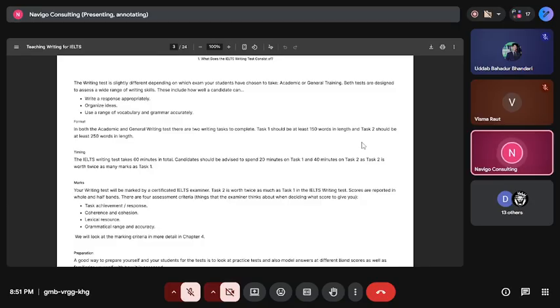So why only 150 to 180 words? Can we not write 200 words, or in the essay, can we not write 350 words? What do you think? Why is it ideal to write 150 to 180 in task one and 250 to 300 in task two? What do you think, guys?